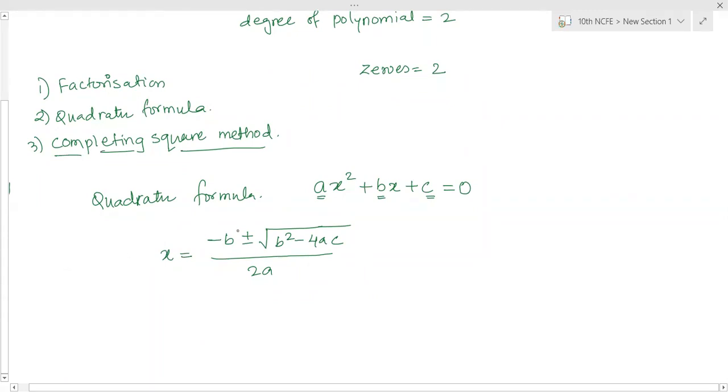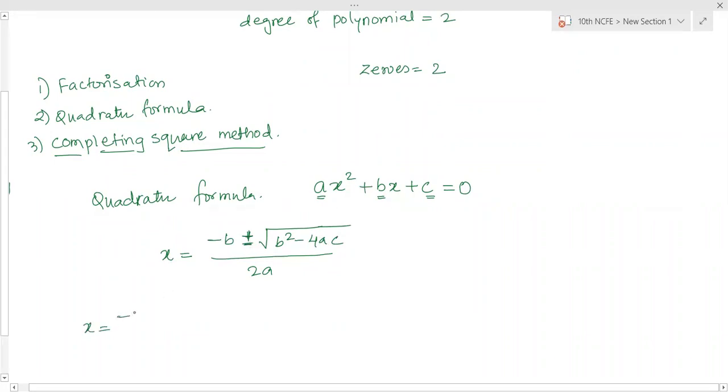So here this is the formula, minus b. b is the coefficient of x, a is the coefficient of x², and c is the constant term. You have to remember this formula. By using this formula, we are finding the values of x. There is a plus and minus sign, which means there are two values of x.